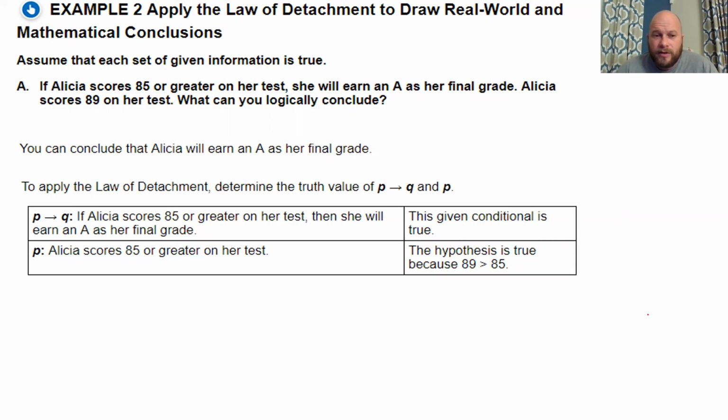Since that part is making that statement true, the other half of the statement would also have to be true. So your conclusion has to come out true. The idea here is we met both the hypothesis as a true statement and the original conditional as a true statement. Therefore, the conclusion is true.